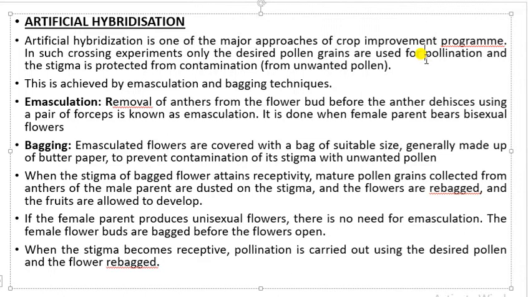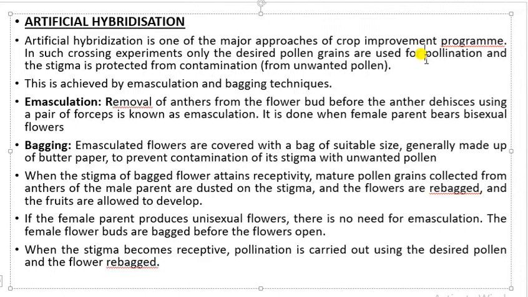Now when the stigma becomes receptive, we will open the bag, and mature pollen grains which we have collected from the anther of the male parent are dusted on the surface of stigma, and the flower is rebagged once again. So we close the flower with the help of the bag, and we allow the post-pollination events to take place so that finally the fruits are allowed to develop.